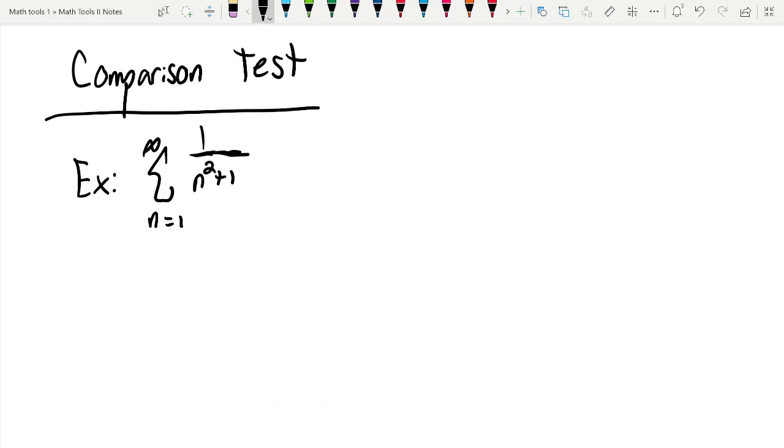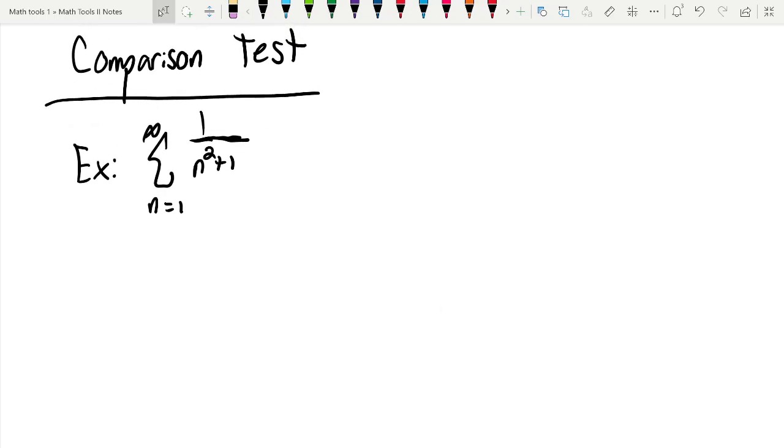Now, there might be other ways you can do this. Like you might be able to do this with an integral test. But the easiest way is to realize that n squared plus 1, keeping in mind that n is a positive number, but even if it's not, n squared definitely is, is always greater than n squared. Because this is the same thing, we're just adding 1 to it. So of course it's going to be greater.